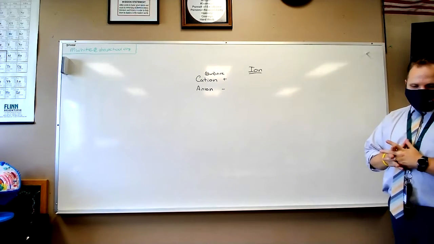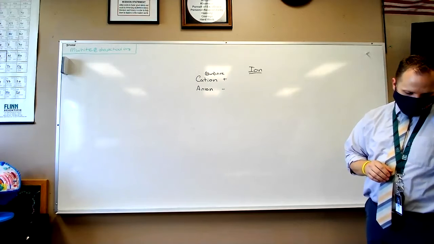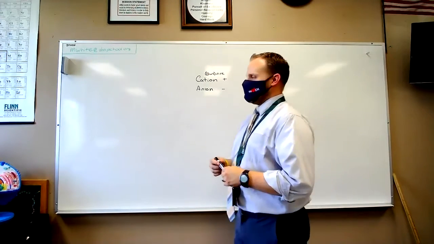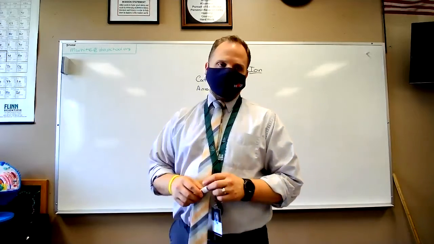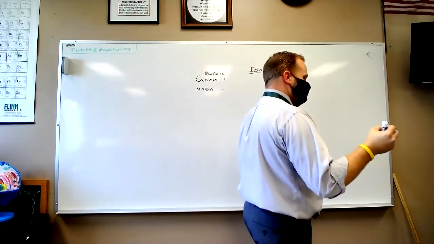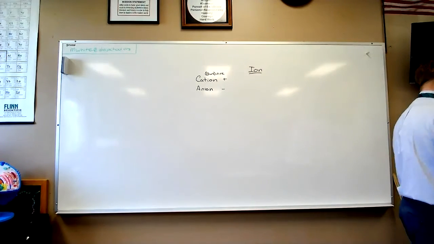Okay. And now, for the first time, we are going to talk about bonding. We're going to take 2 atoms, and we are going to stick them together. Now, there's a lot of different ways that this can happen.